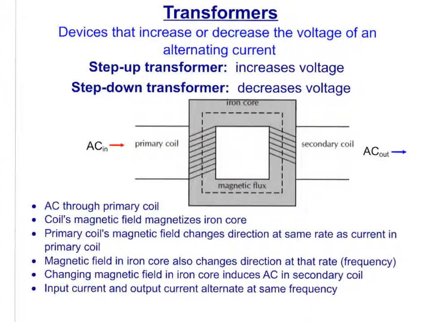The changing magnetic field in this iron core induces alternating current in the secondary coil. And so we end up with our input current and our output current alternating at the same frequency.